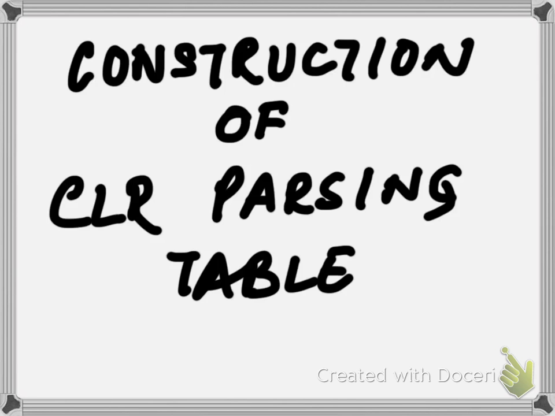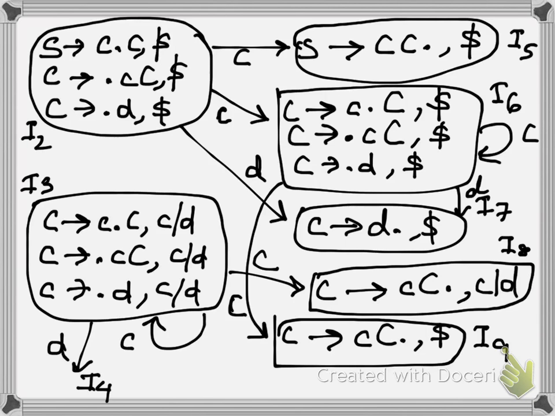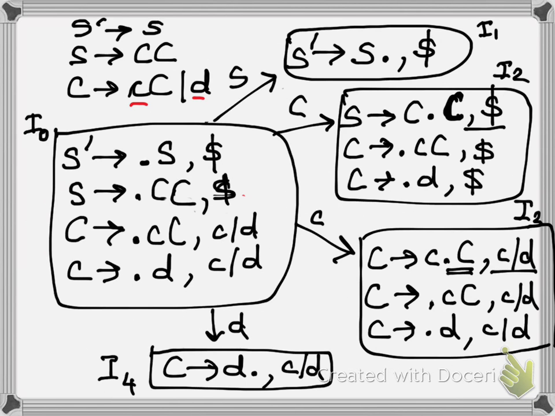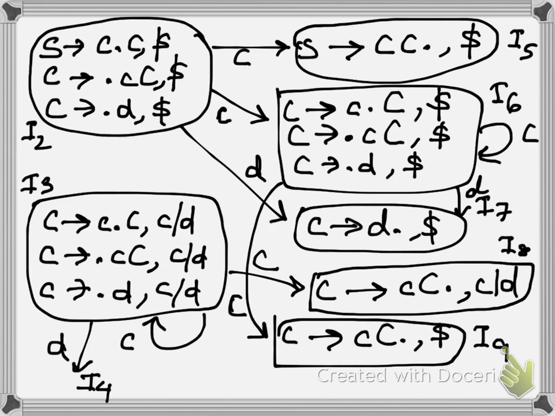So the grammar that we are using is the same grammar that we have used earlier, for which we have constructed our items. So here I have, this is the grammar, and we have already constructed the canonical set of items for this grammar, the LR1 items. Now with this we are going to construct the table.